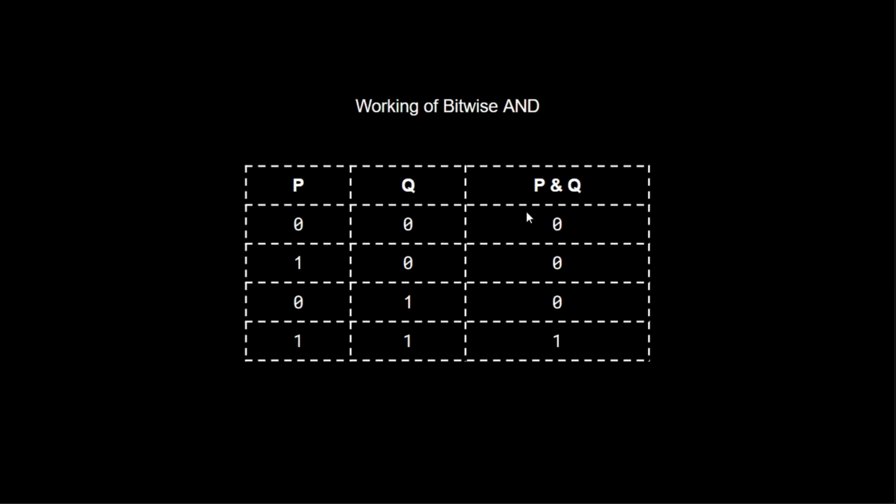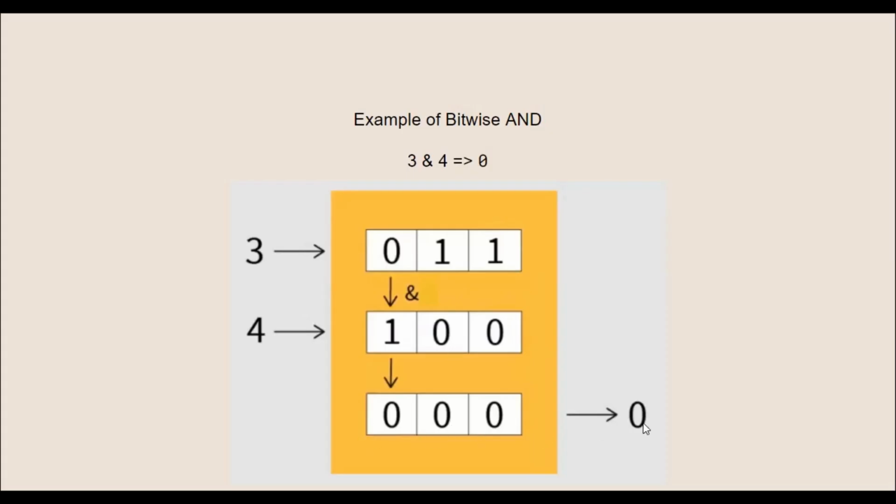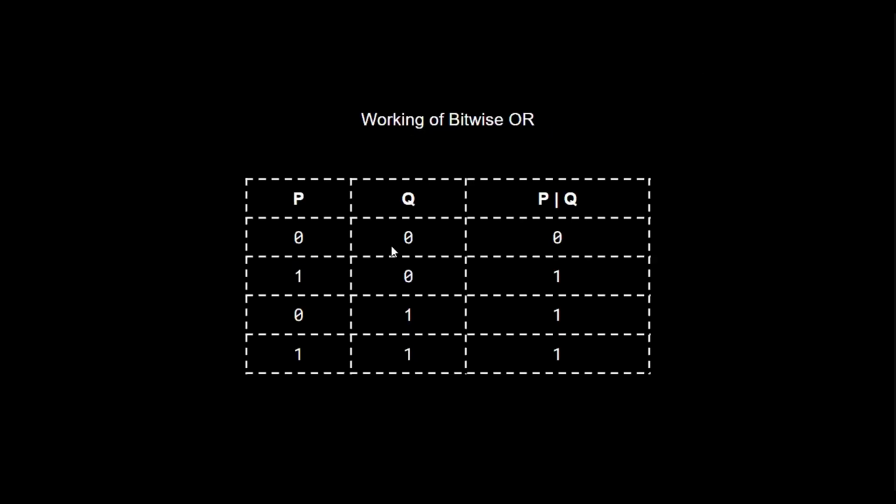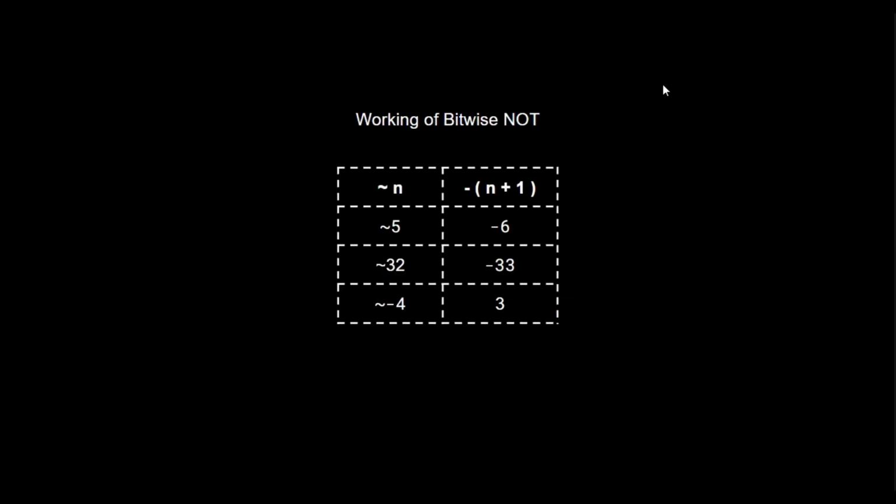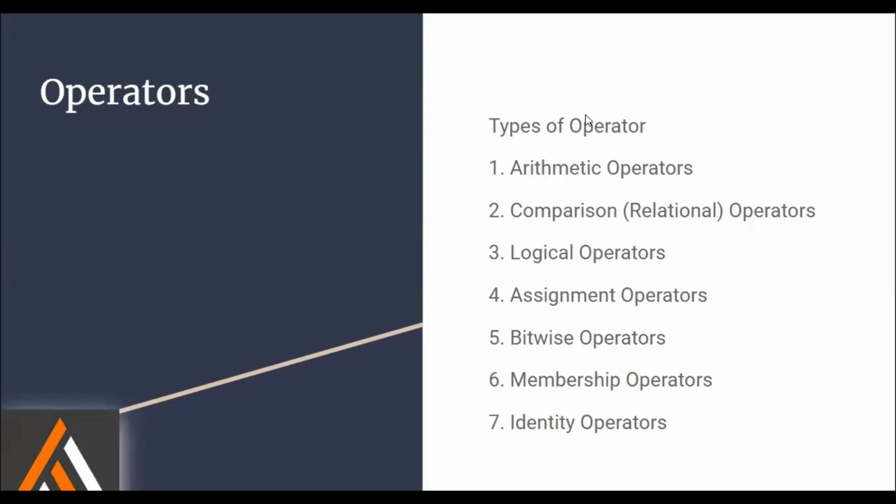So to revise, we have started with the bitwise operators. Bitwise operators include AND, OR, XOR, NOT, right shift, and left shift. All work with the bits of those operands. Then we have seen the membership operator to find the existence of one entity in a collection. We have seen several examples on the Python shell.